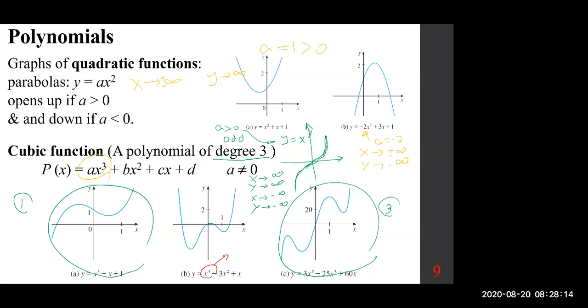The thing I want to quickly add is the graph of y equals minus x cubed. This is probably the worst graph you've ever seen in class.